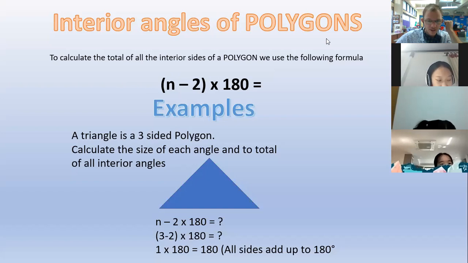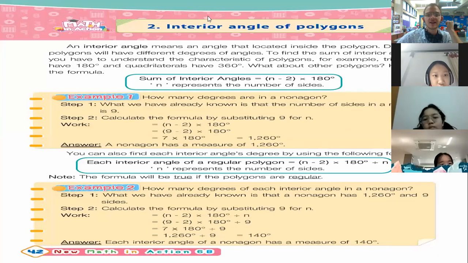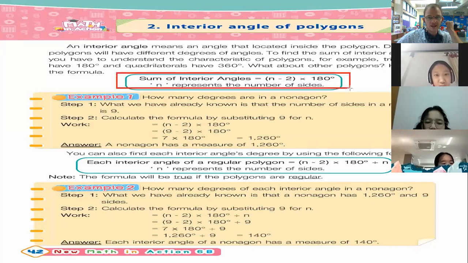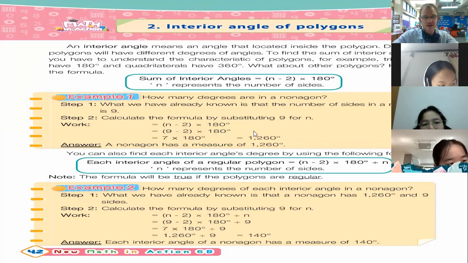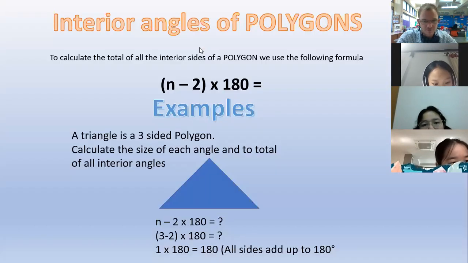In this formula, they tell us the sum of all interior angles equals n minus 2 times 180 degrees. Now, n represents the number of sides.